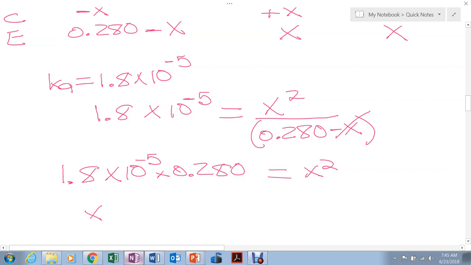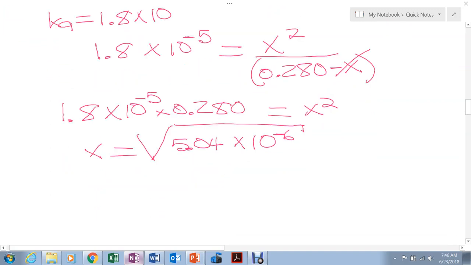So x is equal to the square root of this. Oh no, I didn't do the quadratic, I dropped it. And this is the square root of 5.04 times 10 to the negative 6.